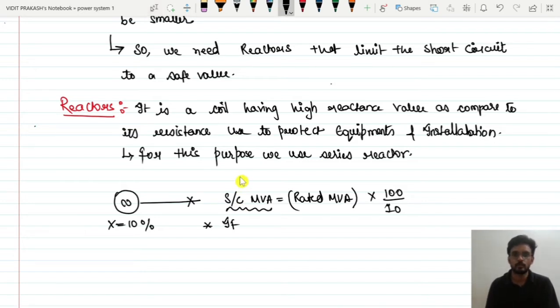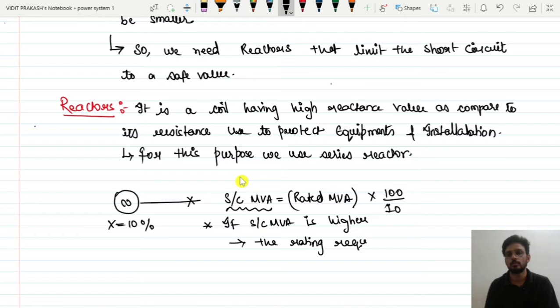If the short circuit MVA value is higher, the required rating of circuit breaker will be higher, right?